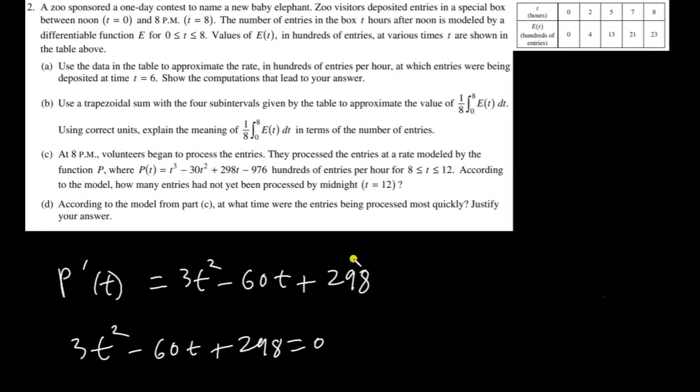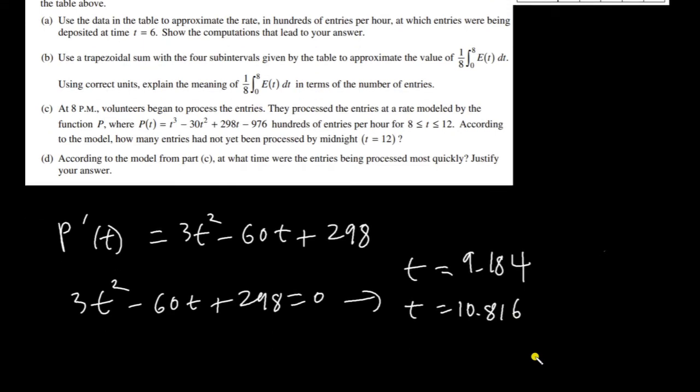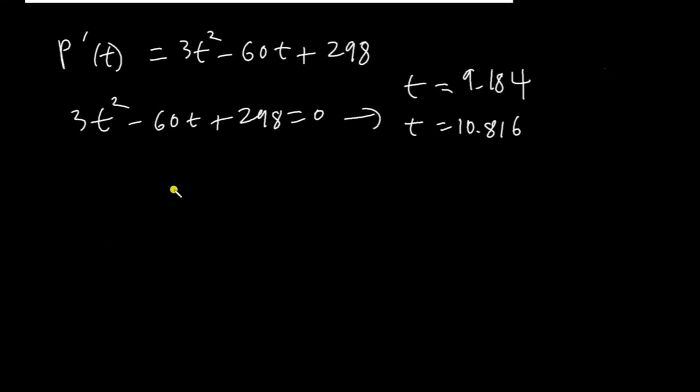All right. Now, the fastest way I would do this is just graphing it on a calculator, and then finding the intercepts. Whatever way you choose, you should get 2 different t values. T equals 9.184 approximately, and t equals 10.816 approximately. Okay, now, to find this absolute maximum, we're going to set up a table.